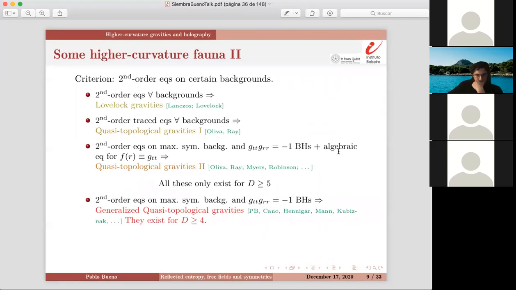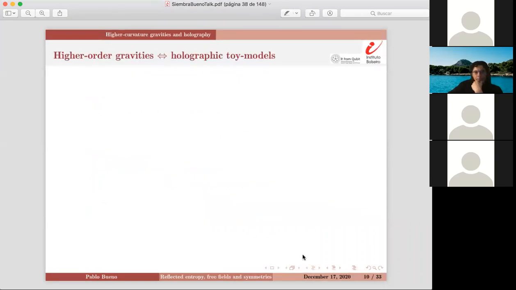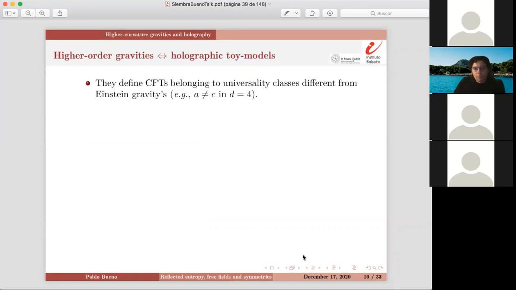All of these are contained in each other. So Lovelock is contained in quasi-topological type 1, which is contained in quasi-topological type 2, which is contained in the generalized quasi-topological class. Okay, so now I get to this idea of getting information about higher-order gravities using holography.